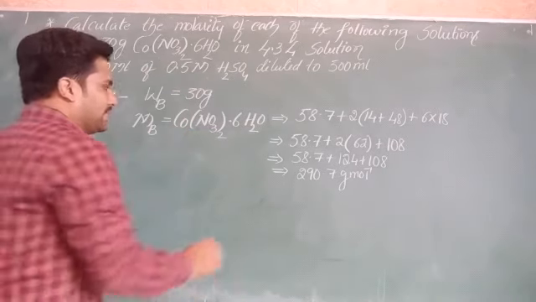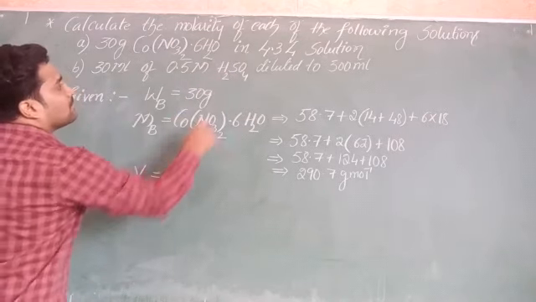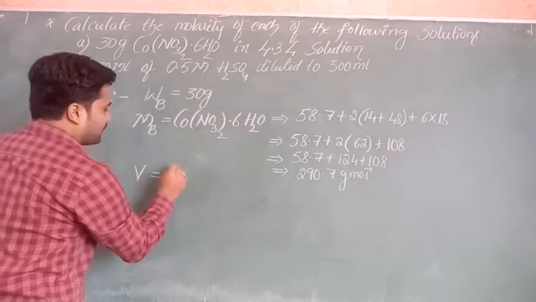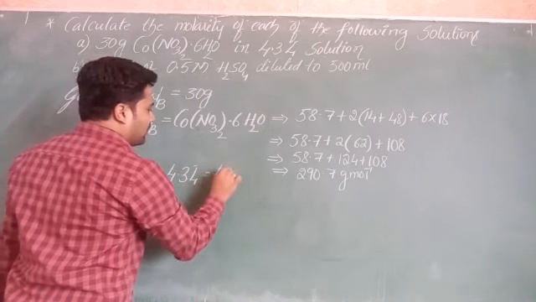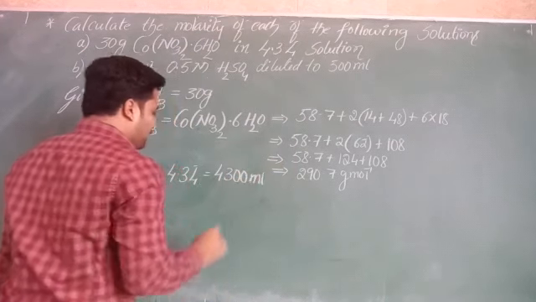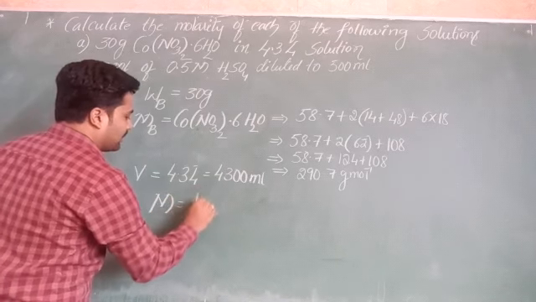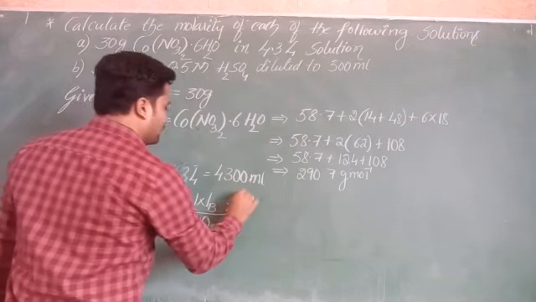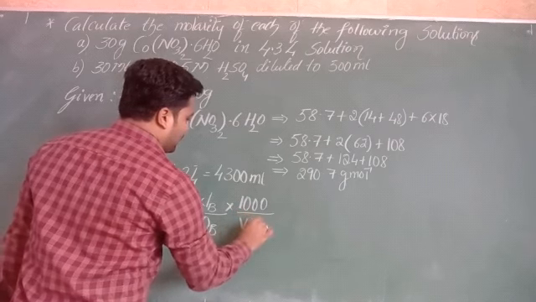So this is the total mass of cobalt nitrate hexahydrate. Now we got MB. Now they have given volume, that is 4.3 liters. It's there in liters, we need to convert it into ml, that is 4.3 into 1000, which gives 4,300 ml. Now we have the formula, that is molarity is equal to WB by MB into 1000 divided by V in ml.